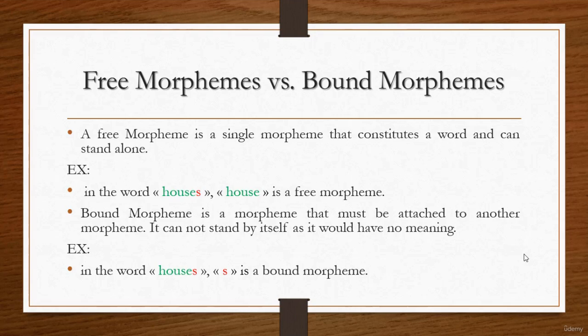House can stand alone, but the s of houses cannot stand alone because it does not have any meaning. It only fulfills the grammatical function of conveying that the noun is in plural form. For example, houses is in plural form. So the s is a bound morpheme because it doesn't have any meaning and cannot stand alone, but house can stand alone.